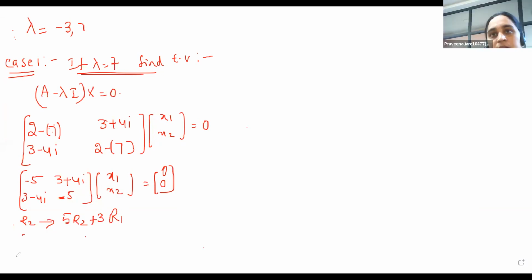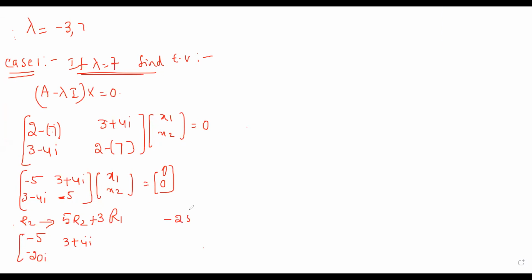That is -5, 3 plus 4i, and here the real number is 0 and the remaining is -20i, right? -20i. Here for the second element, 5r2 means -16 plus 12i.